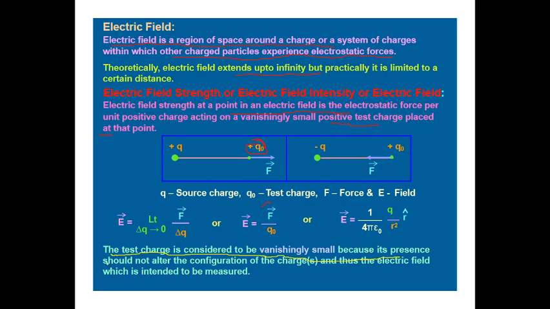Its presence in the field produced by the charge Q should not alter the configuration of the charges, and thus the electric field which is intended to be measured, the field produced by this charge, will not be disturbed because the test charge is very small.